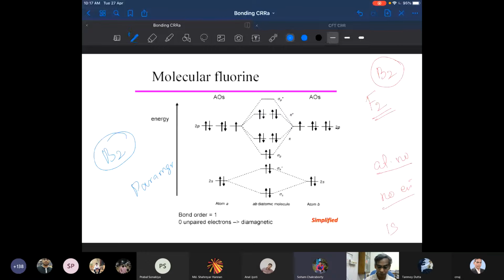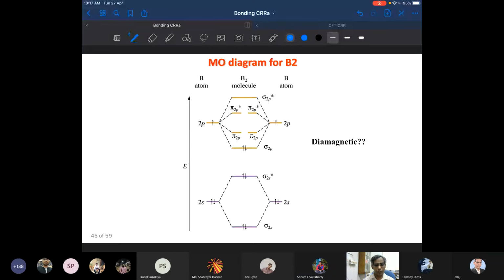So there are two unpaired electrons. Unpaired electrons, right? Now you see here. I will show in a different way. I don't know how you got paramagnetic. Okay. Now what we have here is a B2 molecule. I have 2, 4, and 6, totally 10 electrons. Am I right?